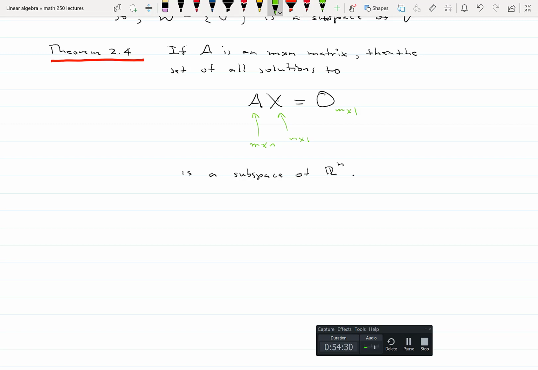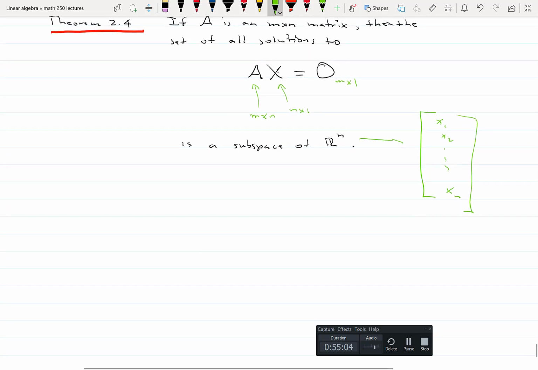But if you have a given m by n matrix, then the set of all solutions to the homogeneous system of equations where A is the coefficient matrix of that system forms a subspace of Rn. Remember, Rn has elements that look like this: x1, x2, ... They're column vectors that have n entries.